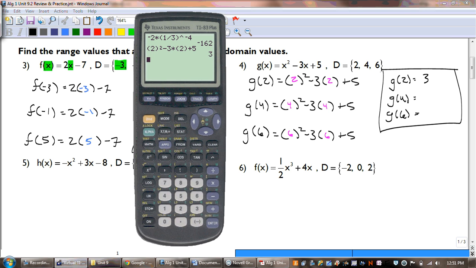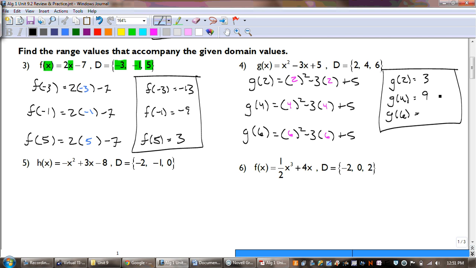Second answer, did you guys do the second one yet? I got 9. And you guys do the number g of 6. Did you get 23? Because that's what I got. Okay, so those are our answers.